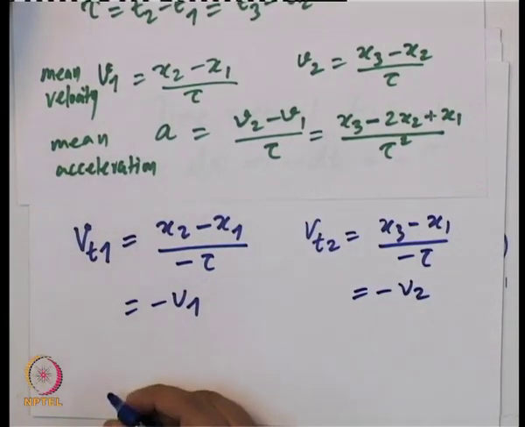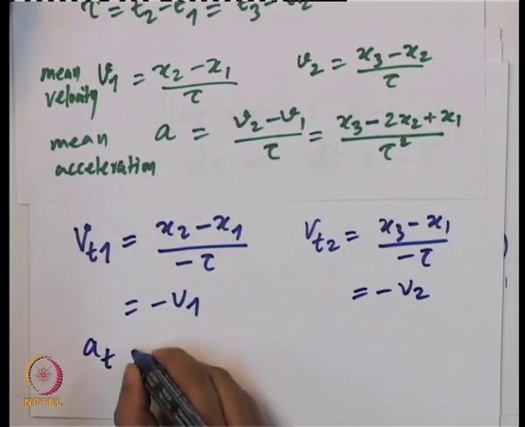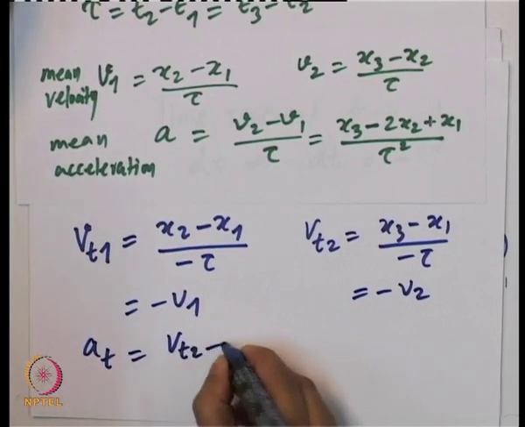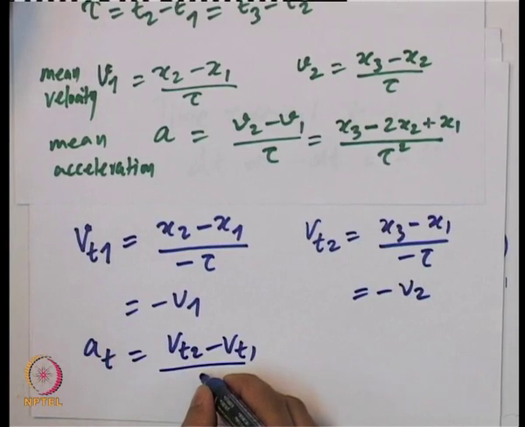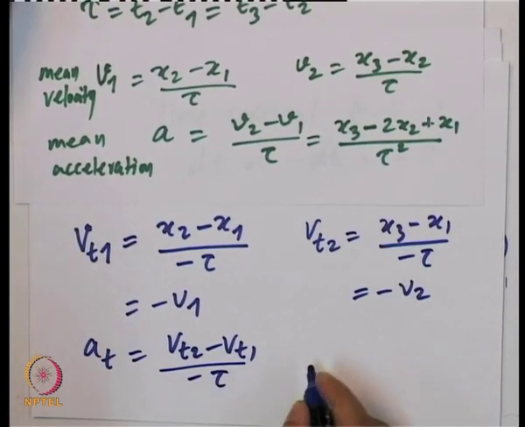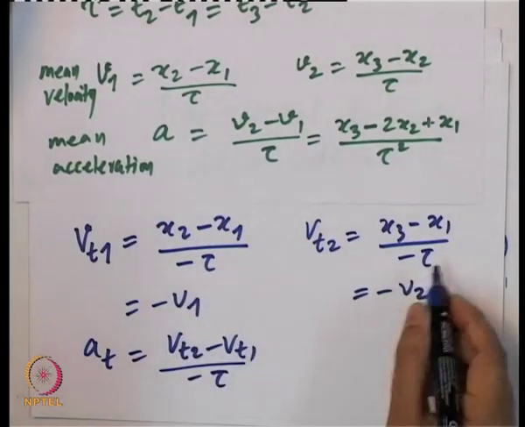Let us see what is happening to acceleration. So acceleration under time reversal is equal to Vt2 minus Vt1 divided by minus tau. As you can see, this minus tau will cancel off with the minus tau that we have in the numerator.